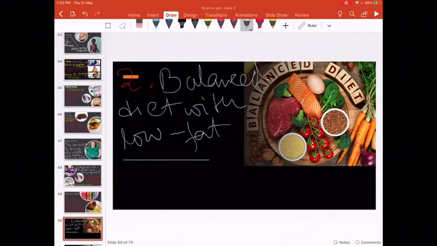Ghee, butter, oil, animal fat, vegetable fat. So we must avoid eating much fat in our food, and our food must have a balanced diet in it.